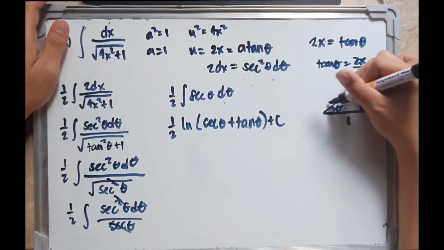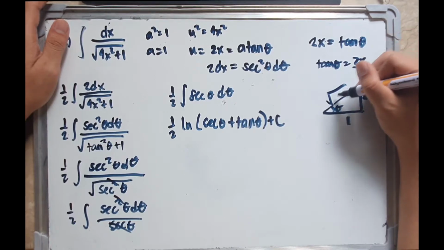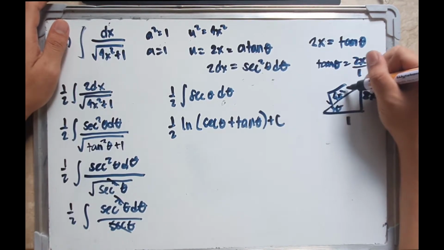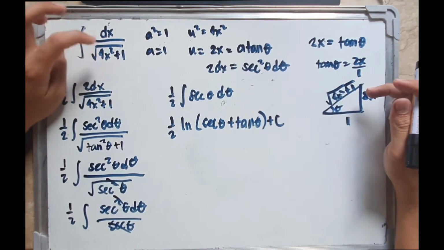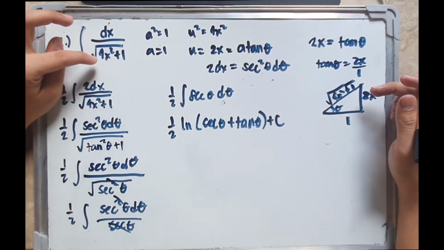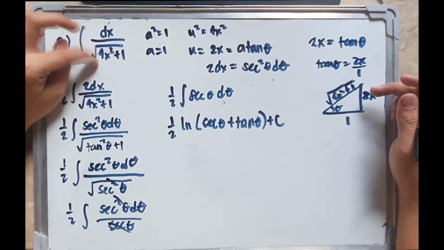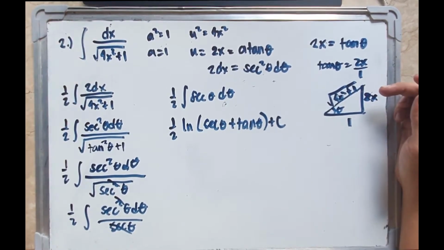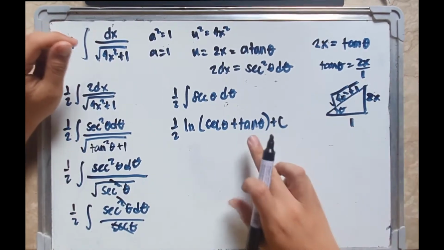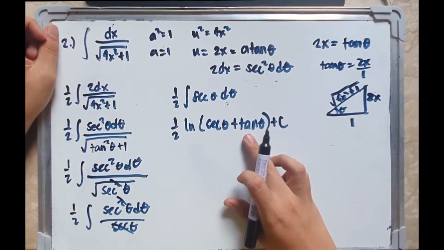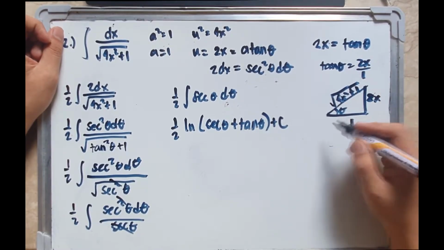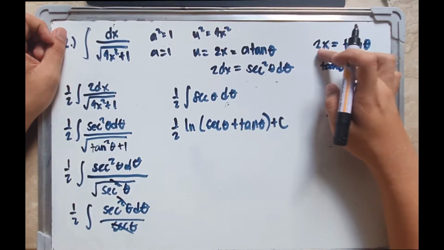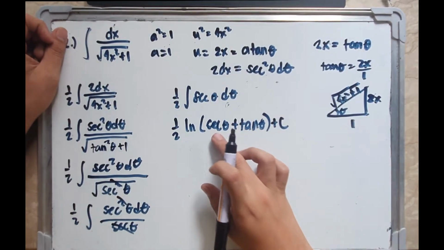Therefore, this part right here is the square root of 4x squared plus 1. Familiar? This is our original function, the one that has the radical symbol. The value of tangent is already given: tangent theta is 2x. Let's just have the secant theta.